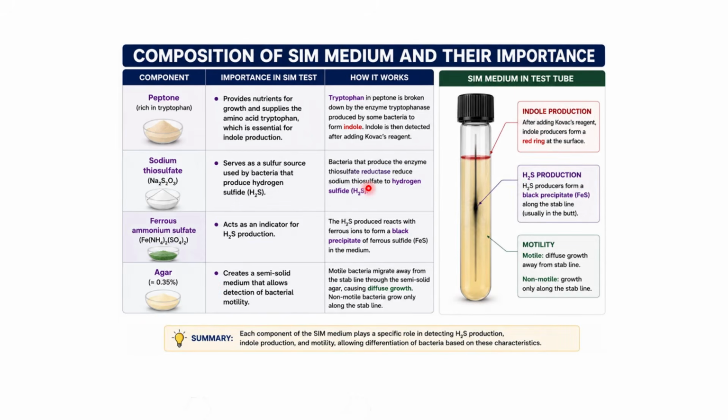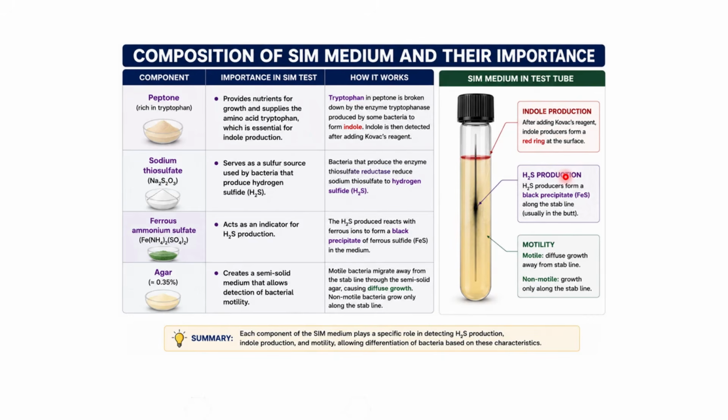So let's look at the SIM medium test in a tube. So for indole production, after stabbing and incubating and adding our Kovac reagent, indole producers form a red ring at the surface as shown over here.